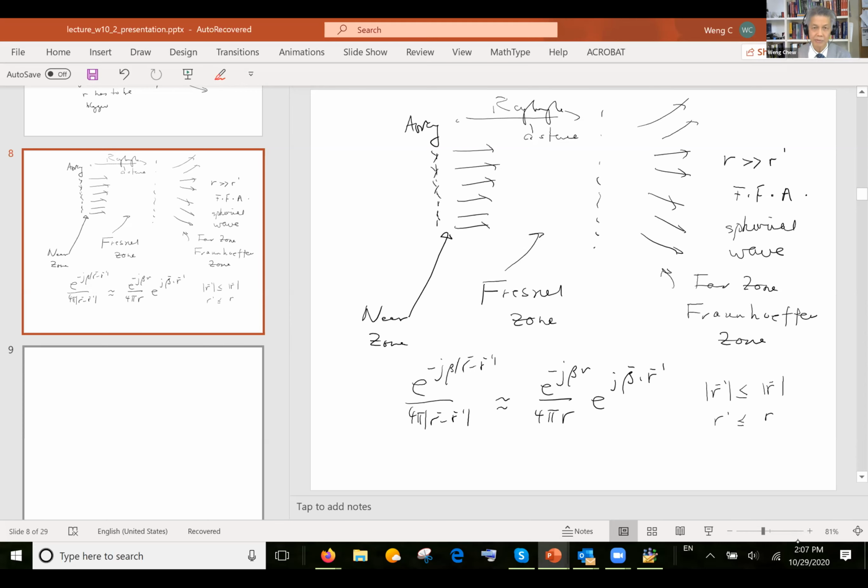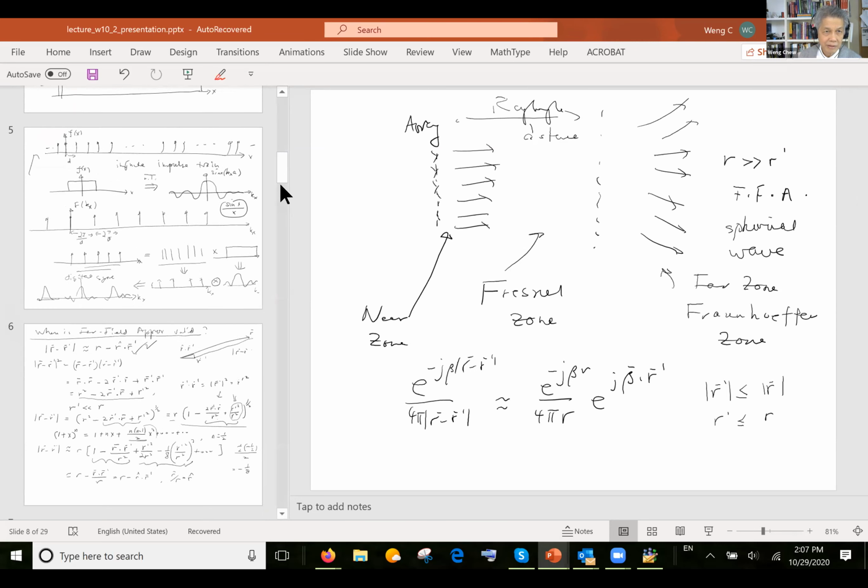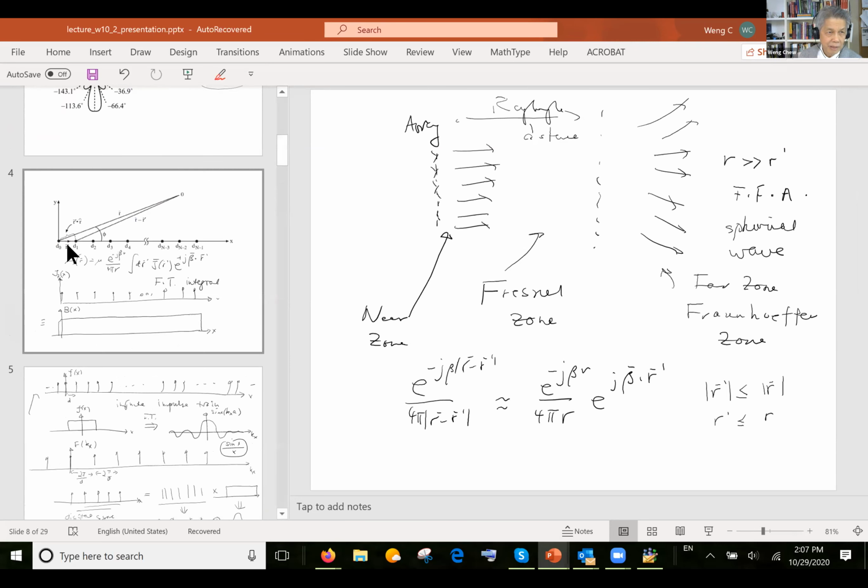We only have to compare these two numbers. And what decides r prime is not the spacing of the array, it's the total size of the array. Spacing doesn't matter, it's the total size of this array that decides whether you're in the far field or not. Can you see that?